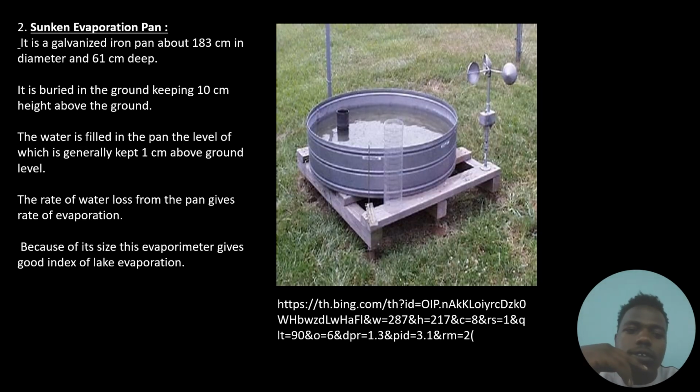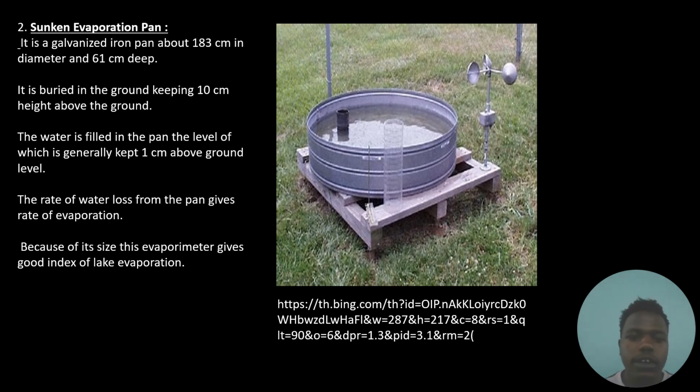We have another instrument called the sunken evaporation pan. It is a galvanized iron pan about 183 centimeters in diameter and 61 centimeters deep. It is kept 10 centimeters above the ground.